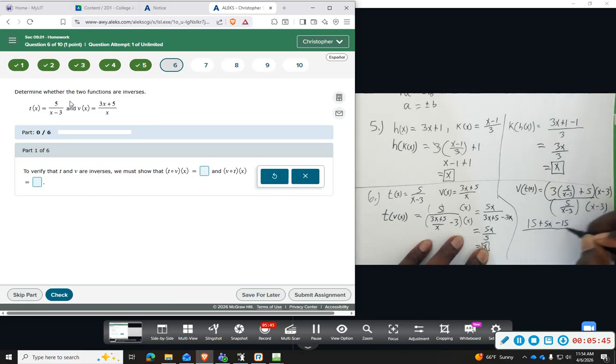So my numerator is just this, no more fraction. On the denominator, multiply this times this x minus 3, it cancels out, leaving me with just 5 on the bottom. Positive 15 and negative 15 zero out on the top, leaving me with 5x divided by 5, and that just leaves me with x. So both of them end up being x, so they are inverses of each other.